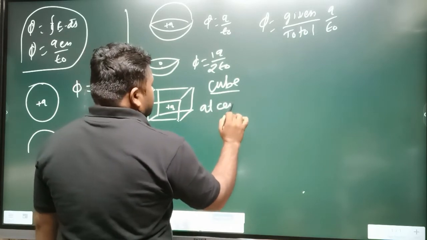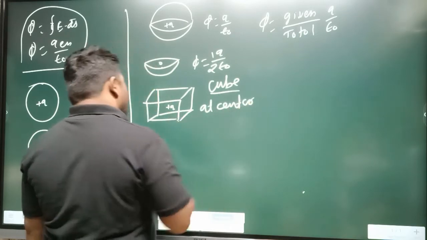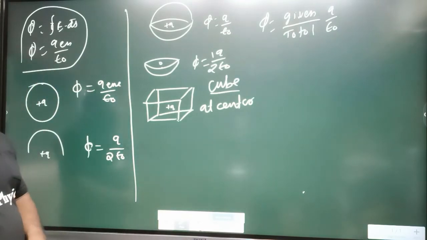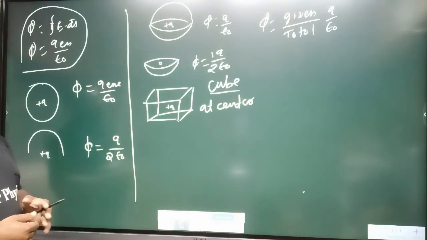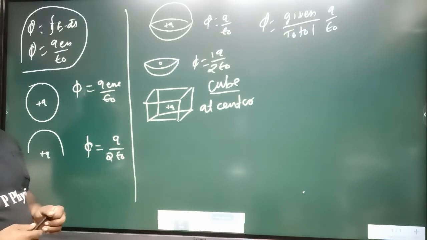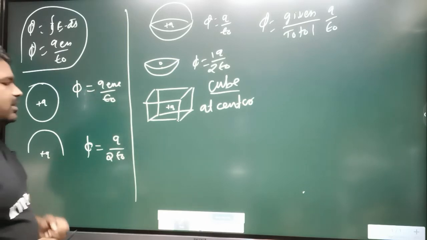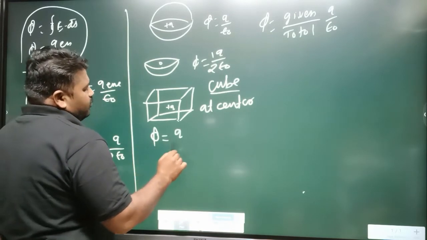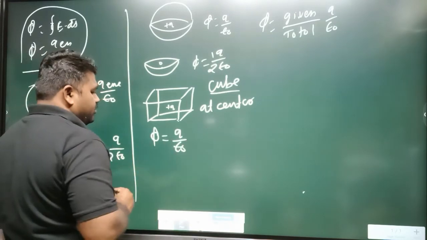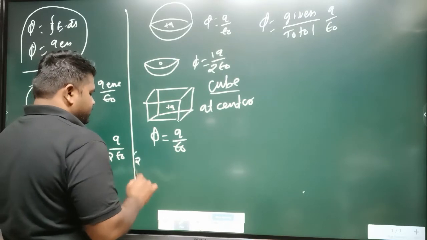Yes, at the center. How much flux is passing through this cube? The charge is enclosed, yes or no? The charge is enclosed. How much flux is passing through this area? This is equal to simply q by epsilon naught.